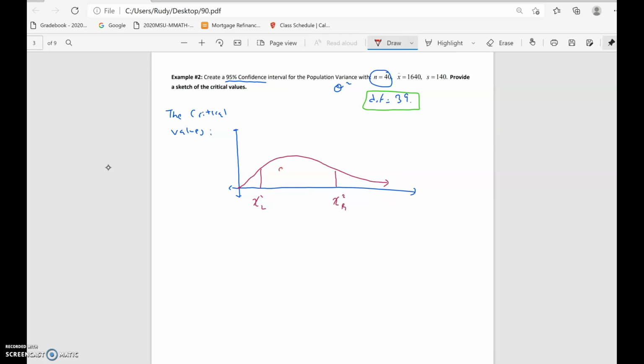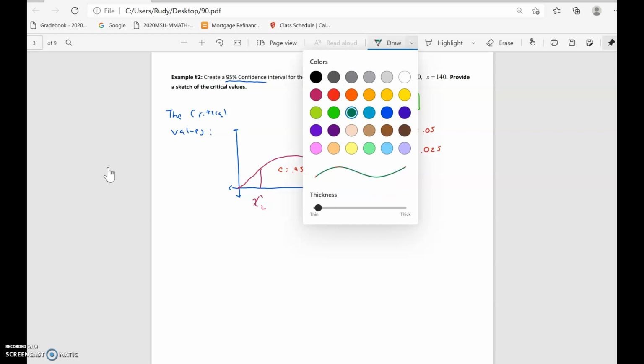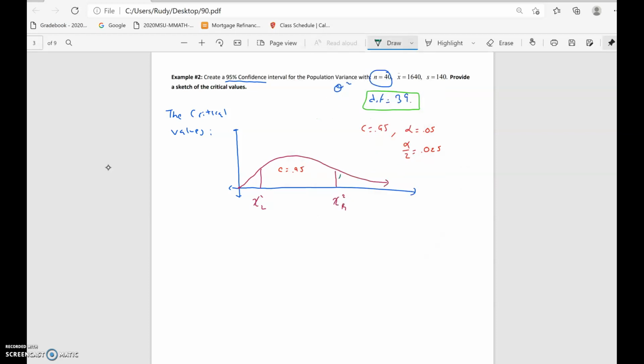So this is going to be C, which is equal to 0.95. If C is equal to 0.95, that means that alpha is equal to 0.05. Alpha divided by 2 is 0.025. So therefore, you're going to have in this tail 0.025 and in this tail 0.025.